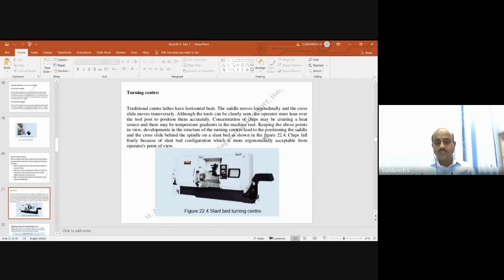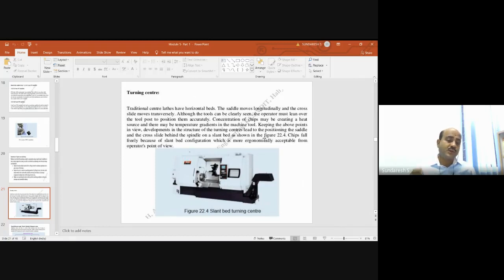Keeping these points in view, the development of the structure of a turning center leads to the positioning of a saddle and a cross slide behind the spindle on a slant bed, as shown in figure 2.2. Chips fall freely because of the slant bed configuration, which is more ergonomically acceptable from the operator's point of view.